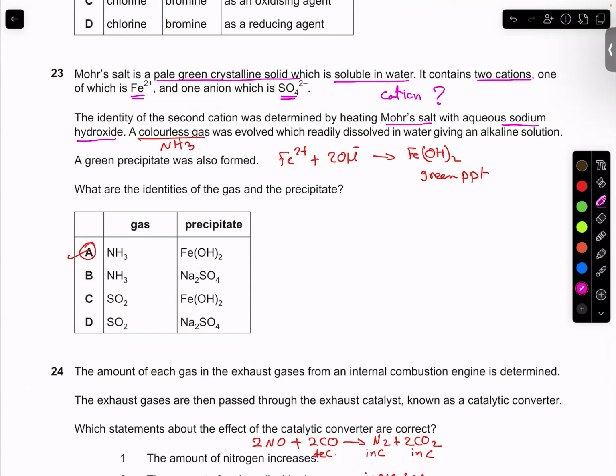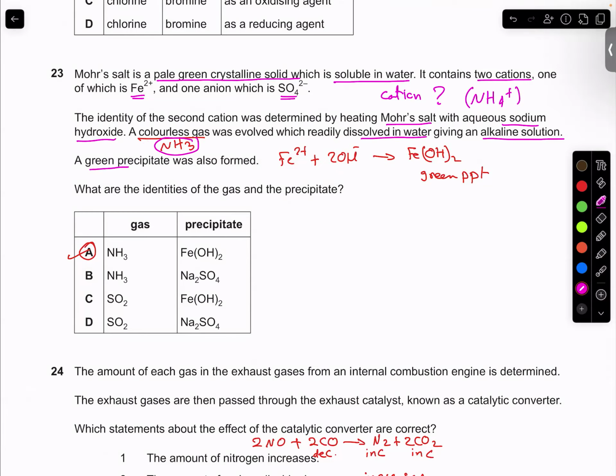And you know that adding sodium hydroxide is a test for cations. A colorless gas was evolved that readily dissolves in water giving an alkaline solution. The gas that dissolves in water to form an alkaline solution is ammonia. Since ammonia is produced on addition of sodium hydroxide, the cation is ammonium. To make sure of this, a green precipitate was formed also.